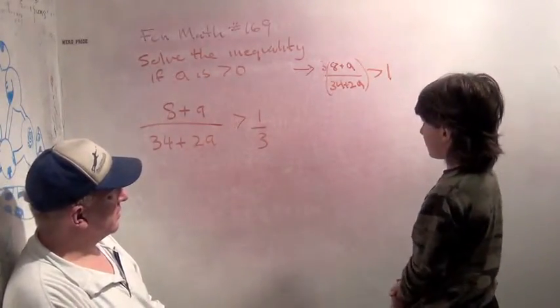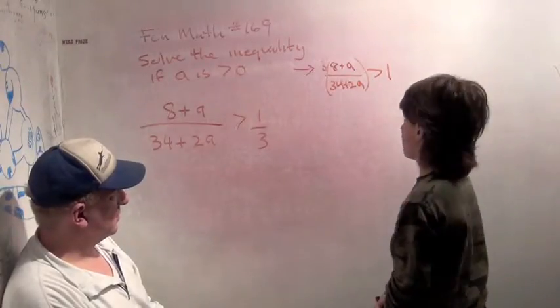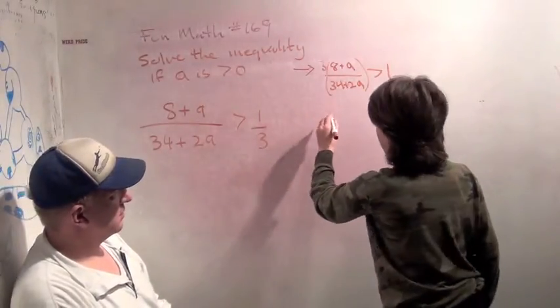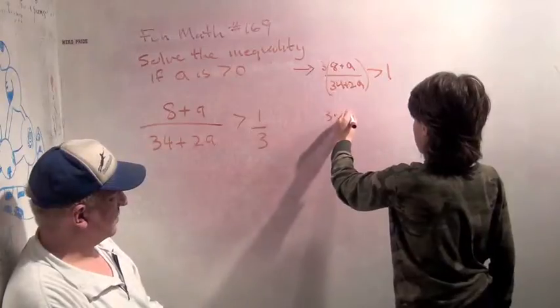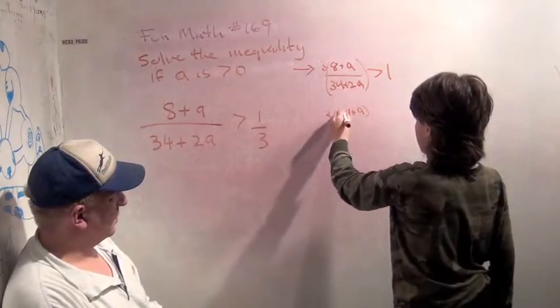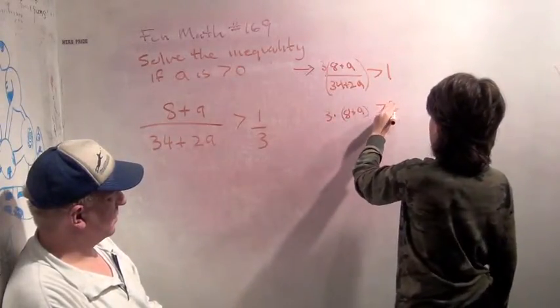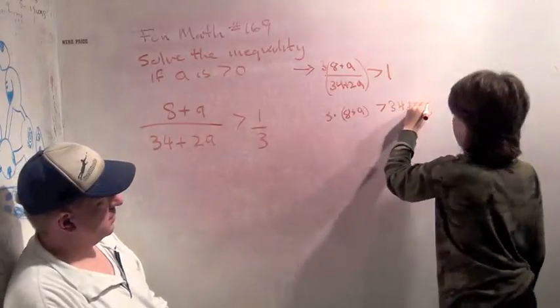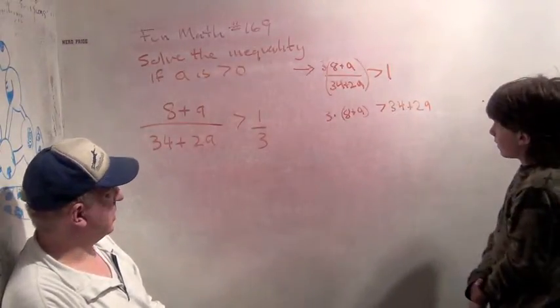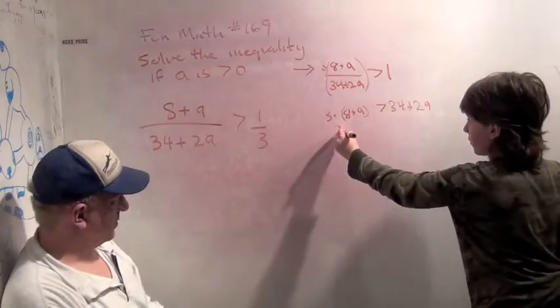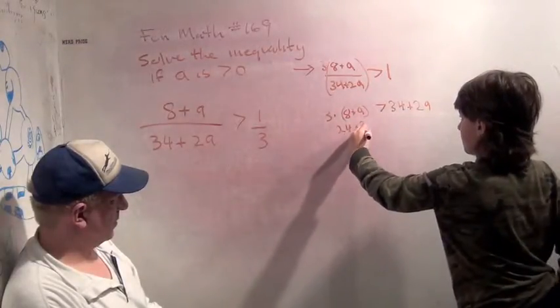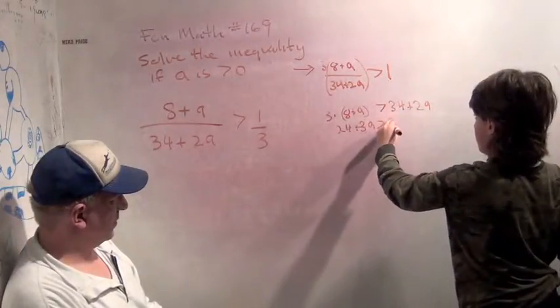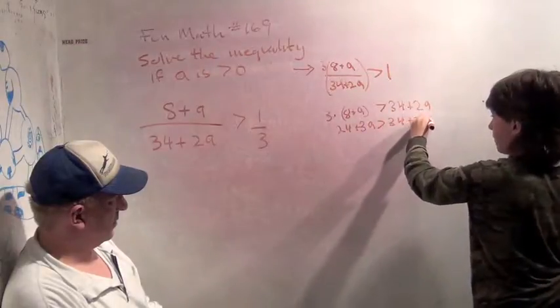Then we multiply by 34 plus 2a, and we get 3 times (8 plus a) is greater than 34 plus 2a. That's 24 plus 3a is greater than 34 plus 2a.